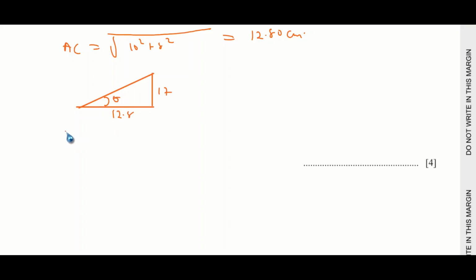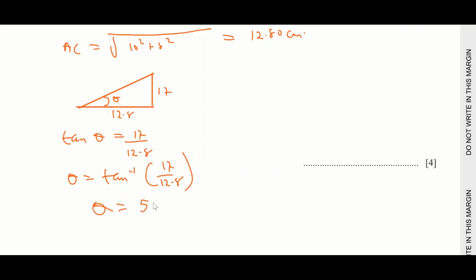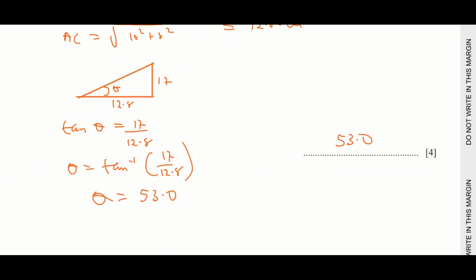So tan theta equals 17 over 12.8. Taking tan inverse of both sides, theta equals tan inverse of 17 over 12.8. Inputting this into my calculator, the value of theta is 53.0 to one decimal place.